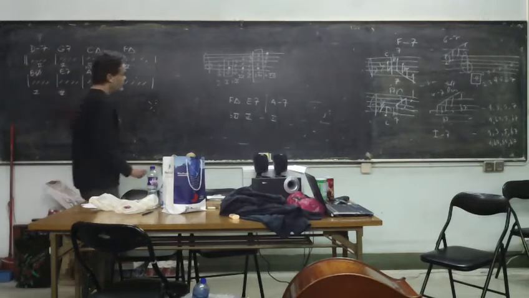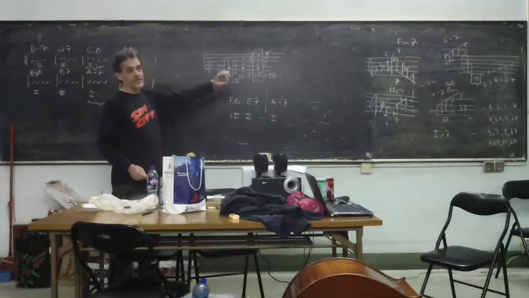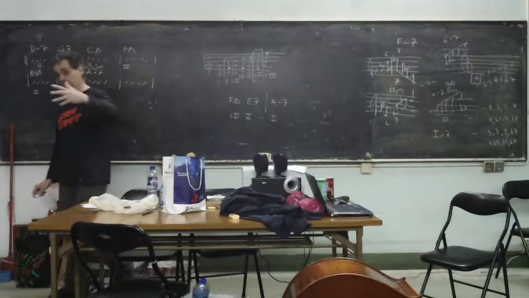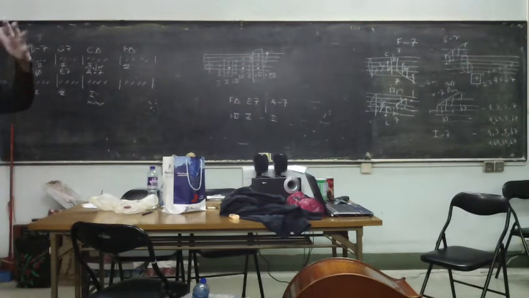Okay. So the flat 6 makes any chord in the minor mode go into the subdominant, which means what? It means that they are half stable chords. They are not totally stable, okay?